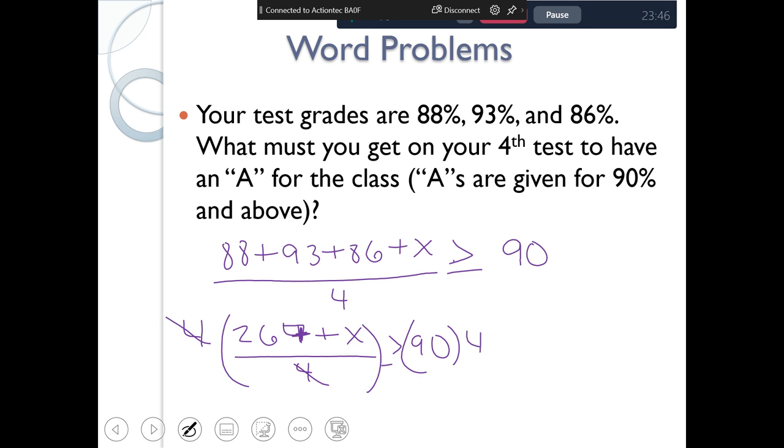So I'm going to get 267 plus x is greater than or equal to, well, what's 90 times 4? 360. All right, then we're going to subtract 267 from both sides. So x needs to be greater than or equal to 93. So we need at least a 93%.